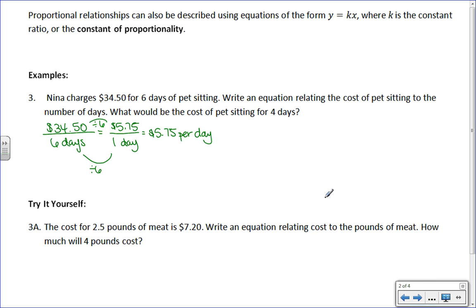Okay, so this is the constant rate that she's charging per day, or we can also call this the k that will be part of the equation, or we can call this the constant of proportionality.